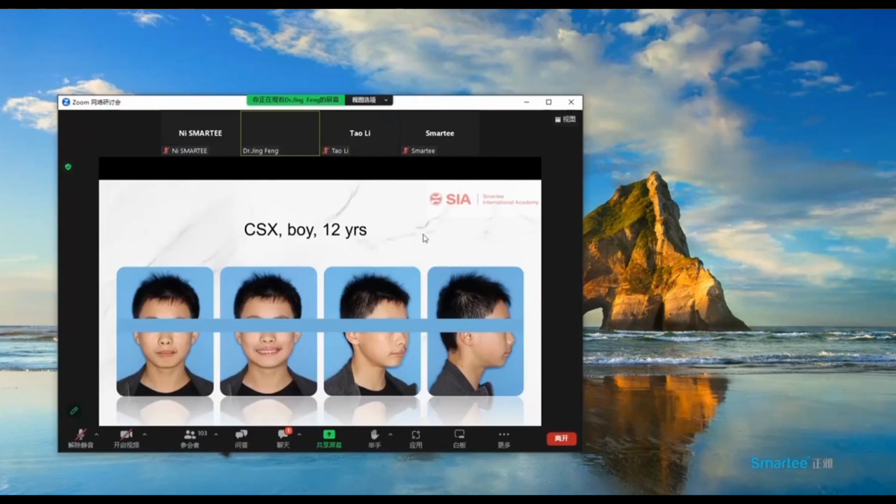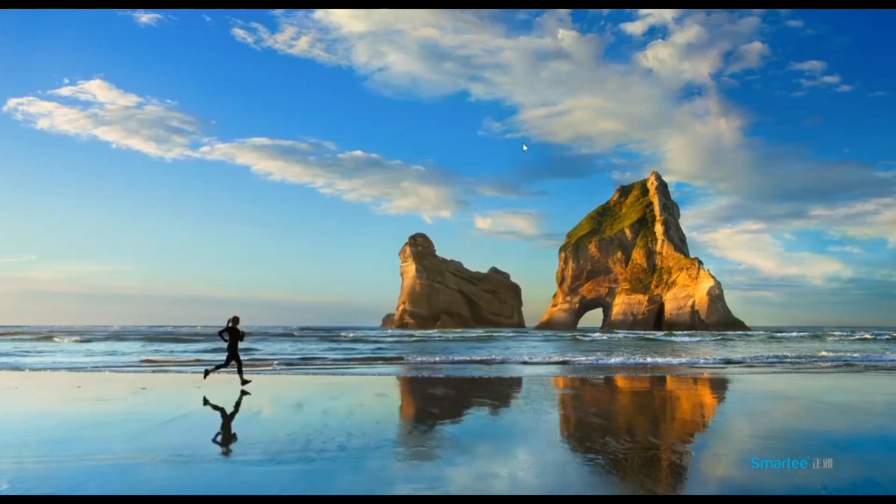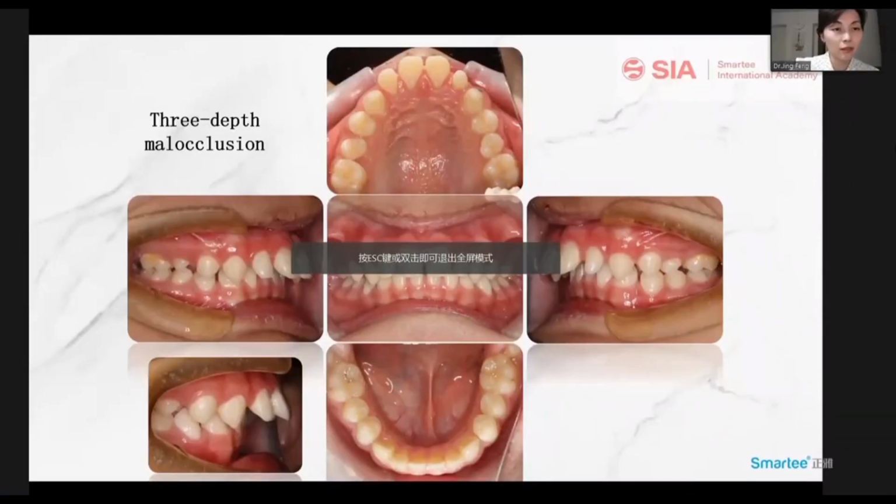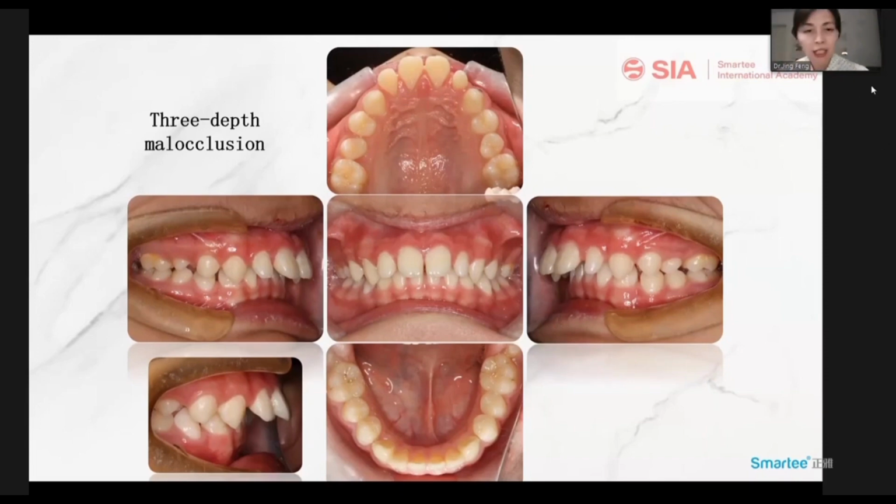And see the intraoral photos. It has the 3 depths malocclusion and class 2 molar relationship. You can see some spaces in the upper arch, with very deep overjet and overbite, and deep curve of Spee.